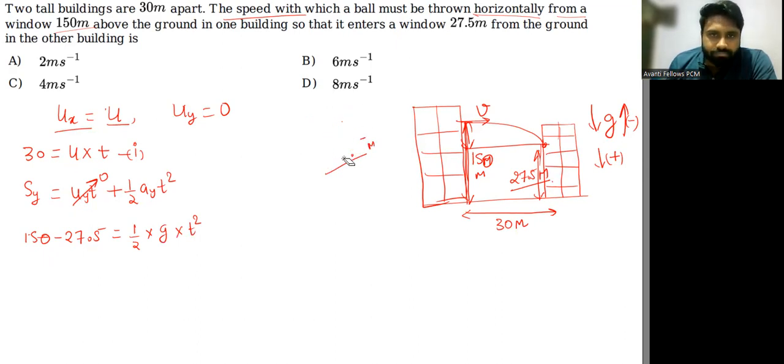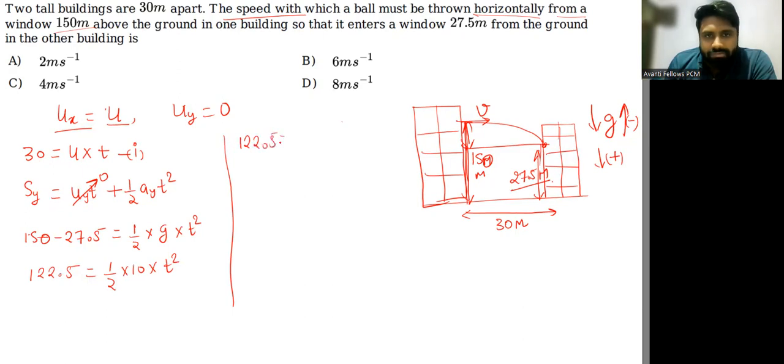So 122.5 meters is equal to 1 by 2 into 10 into t square. Now you will put the value of t as 30 by u. So 122.5 is equal to 5 t square, which means 5 into (30 by u) whole square.